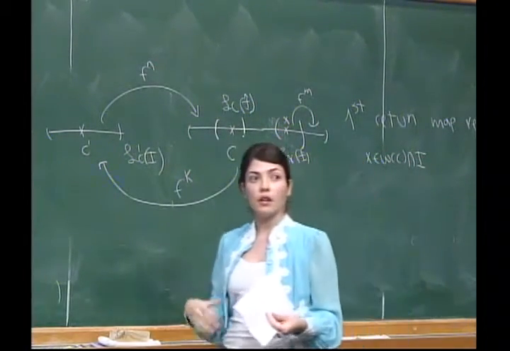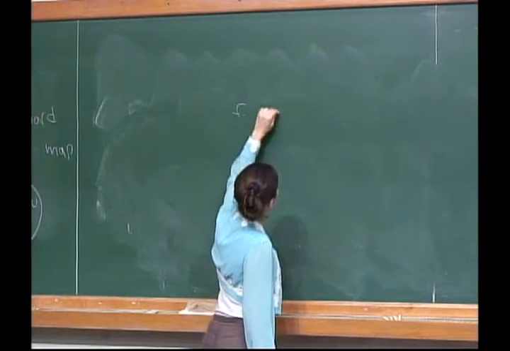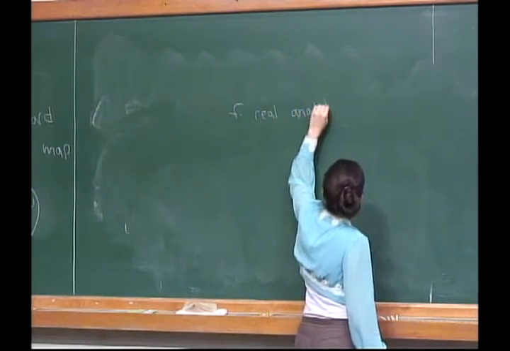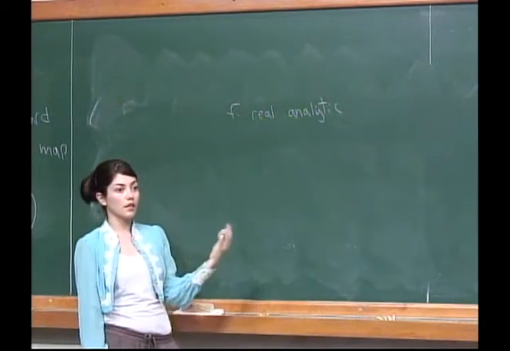So this is a real map, and now what we want to do is construct a complex extension of this picture. And the way to do it is the following. F, remember, is real analytic, which means that it's expressed locally as a Taylor expansion.